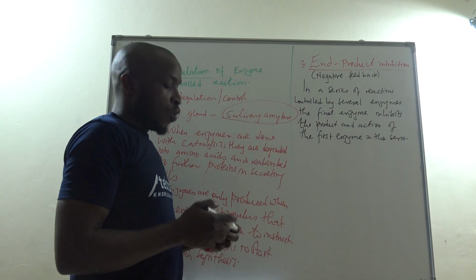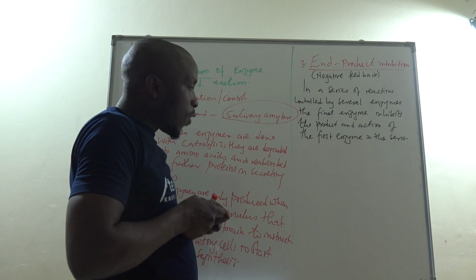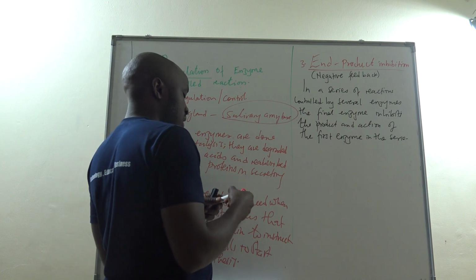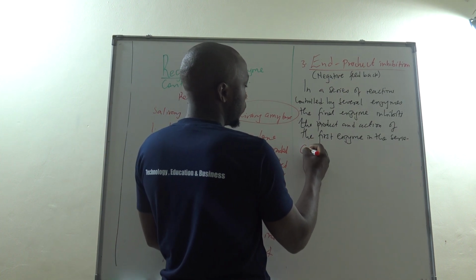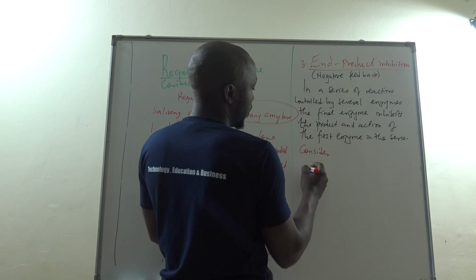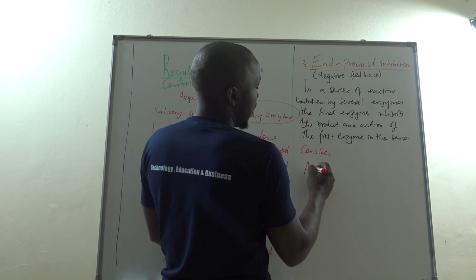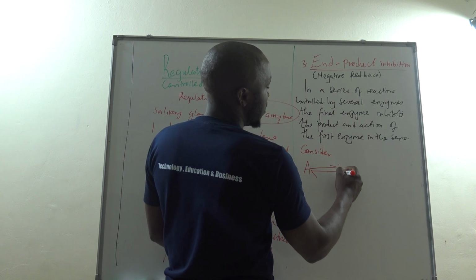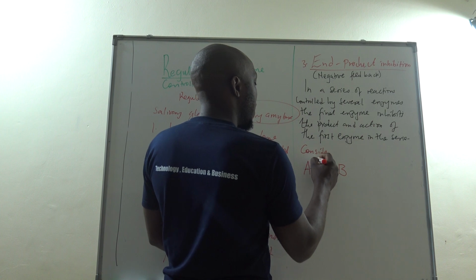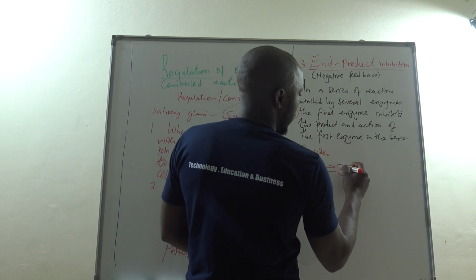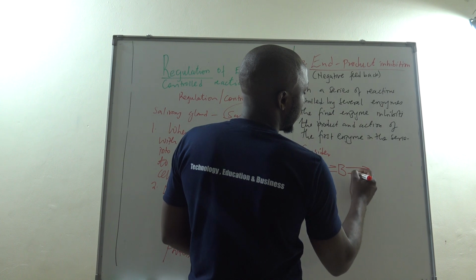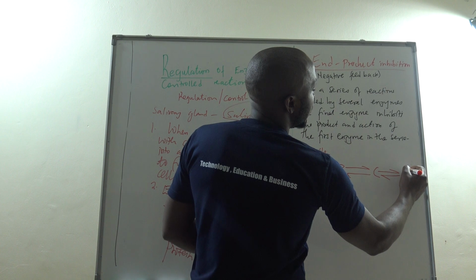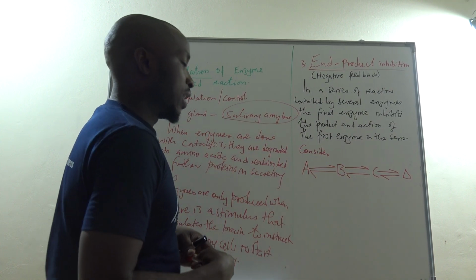In other words, let's consider A being hydrolyzed, catalyzed to form B by enzyme E1, then B goes to C by enzyme E2, and then C goes to D by enzyme E3, as our final product.